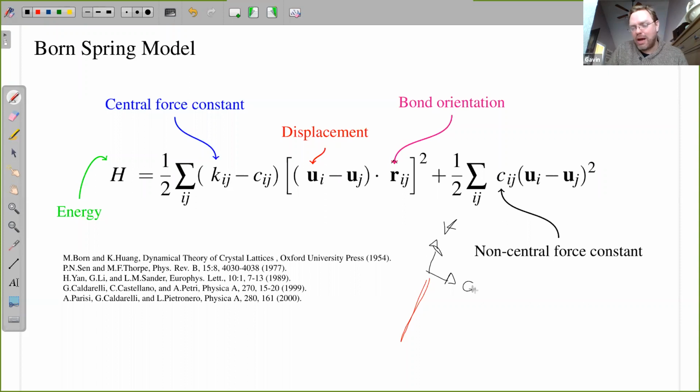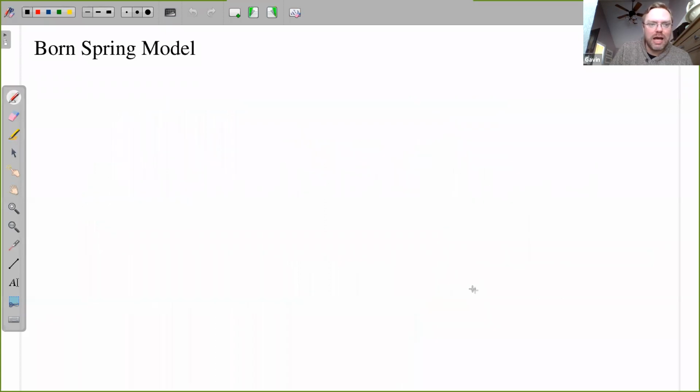You'd have to minimize it with respect to that. So mapping at each iteration as it rotates around, which might not be too dissimilar to the Hooke's spring model anyway, because in the Hooke's spring model, you linearize it whenever you try to map it anyway. But that's the basic Born spring model.